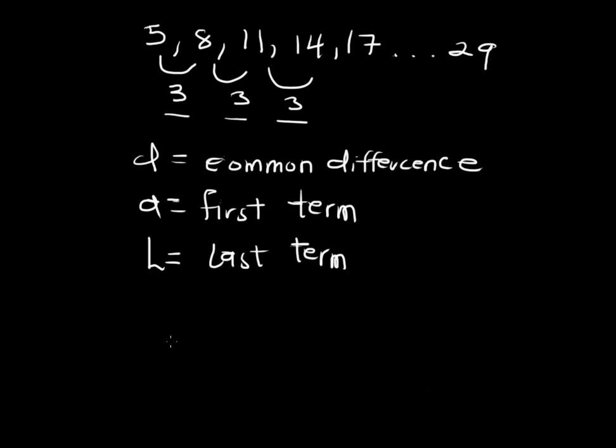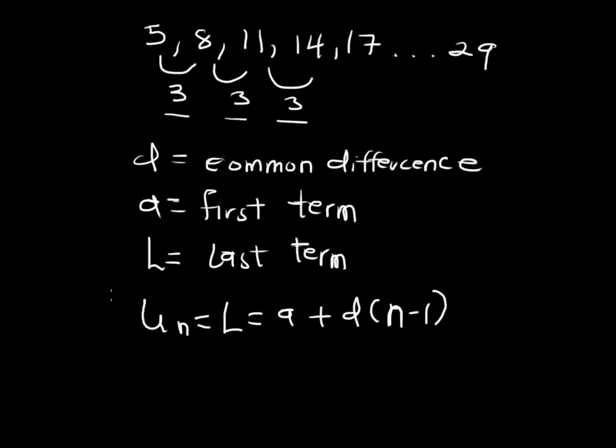Now, to solve problems in arithmetic progression, we use the formula U_n, which is also equal to L, is equal to A plus D multiplied by N minus 1. So N minus 1.